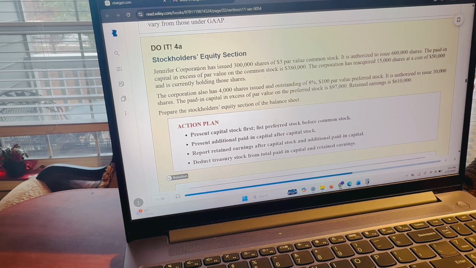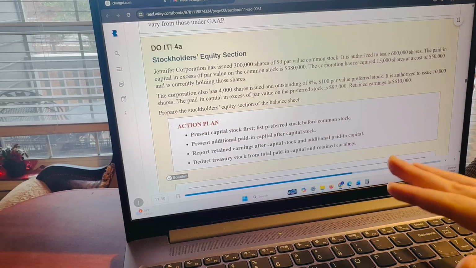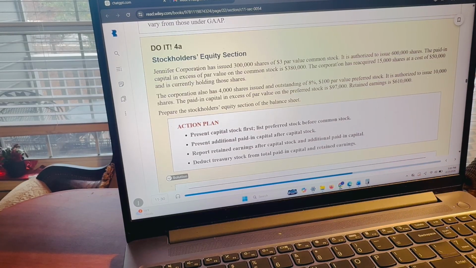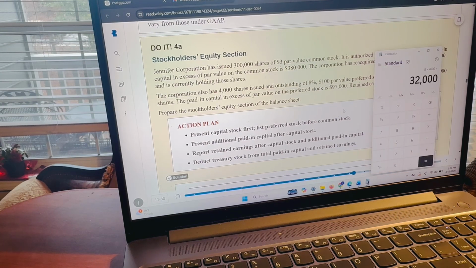All right. So going back to what we were doing, the corporation has 4,000 shares issued and outstanding 8%, $100 par value preferred stock. It's authorized to issue 10,000. Paid in capital excess of par value on the preferred stock is 97,000. So again, we know that they have issued 4,000, and the par value amount is 100 per share.